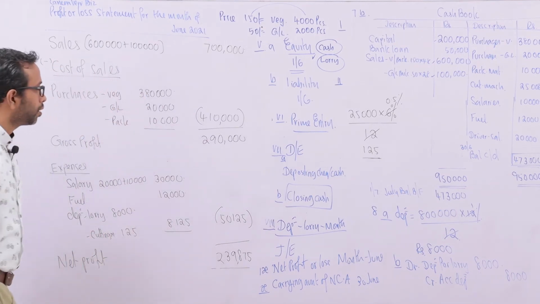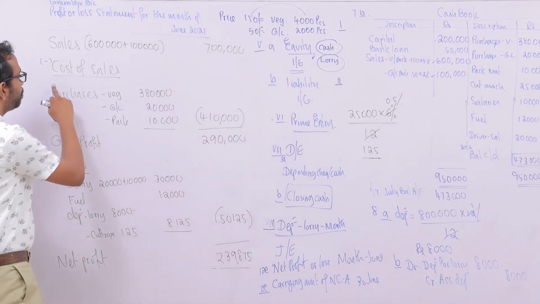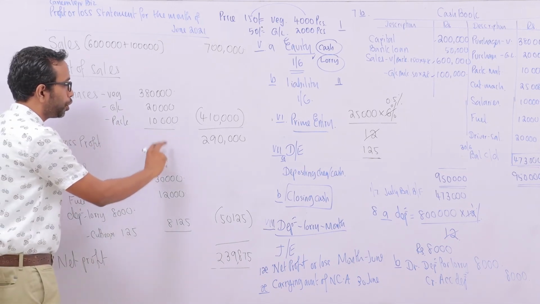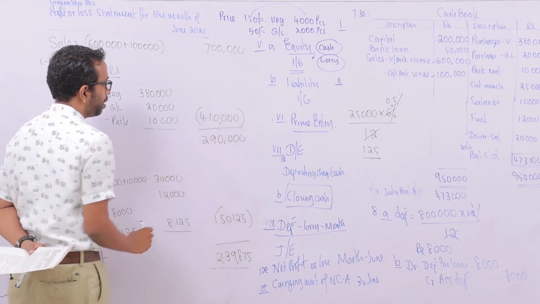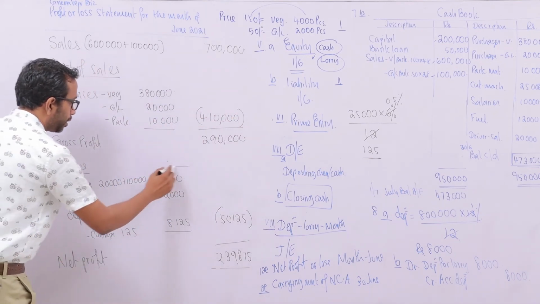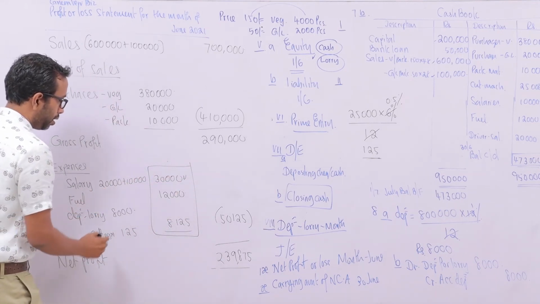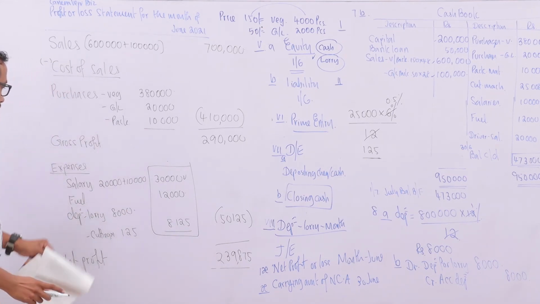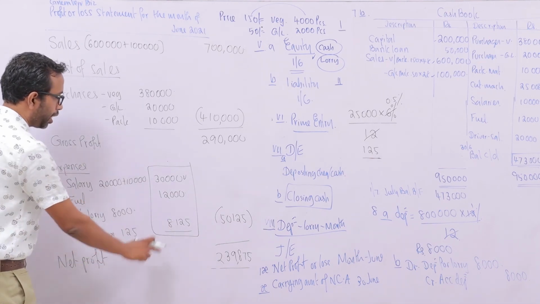Is it clear? Start with sales 700,000, you minus the purchases. There is no closing stock, so you do not need to subtract it. Take the entire purchases, 410. 700 minus 410 is 290, and you take the total expenses: 30, which is 20 plus 10, and then fuel is 12 and the total depreciation is 8,125.